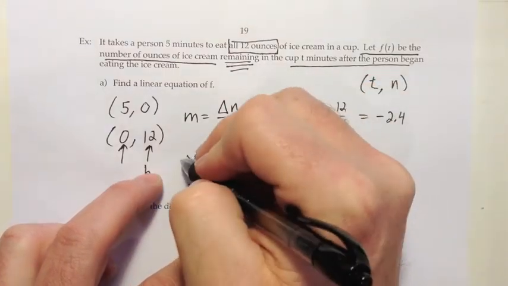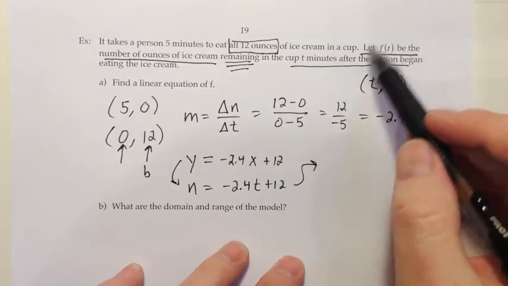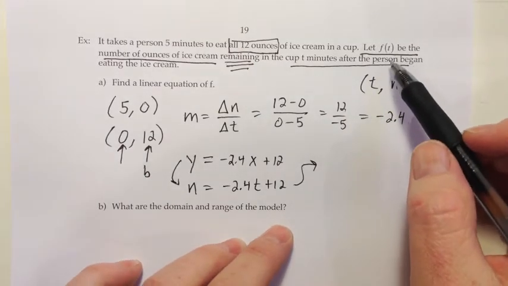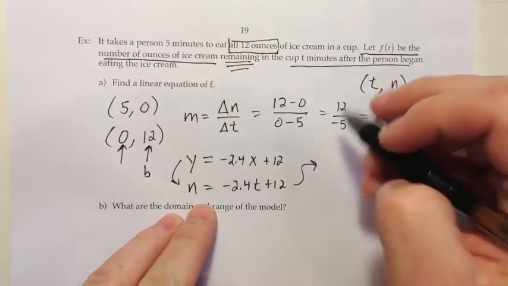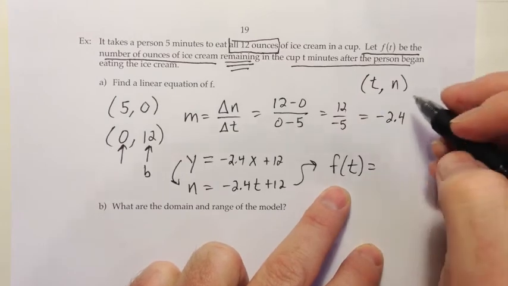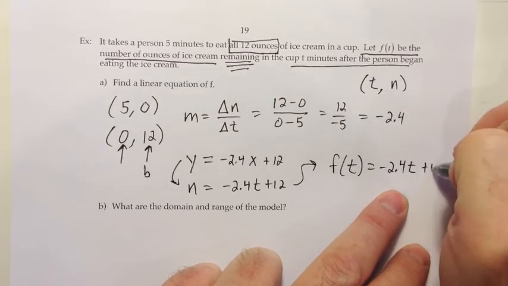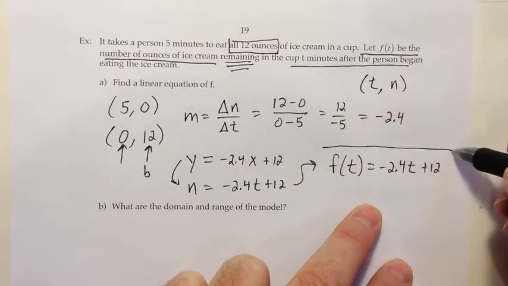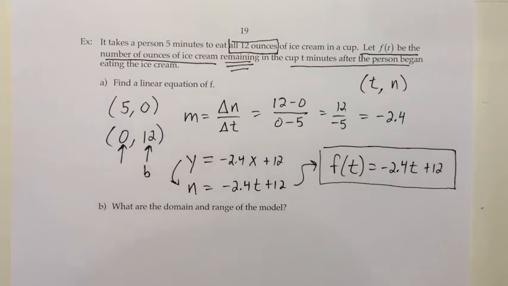And then finally, after we make that transition, we'll do one more because they asked us to write it in function notation. All we have to do to accomplish that is just replace the n by f of t. So I would just write one final line, f of t equals negative 2.4 times t plus 12. And that would be my function for how much ice cream is in the cup t minutes after they started eating.